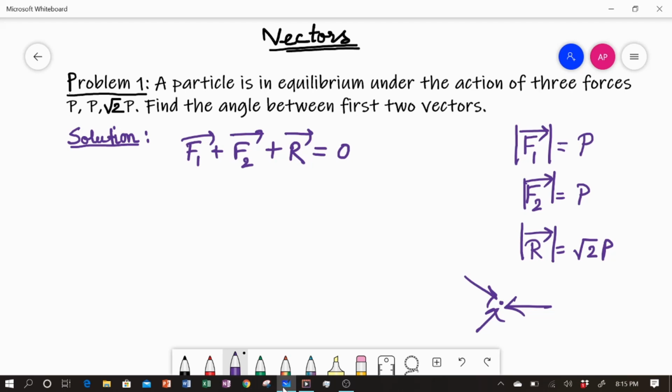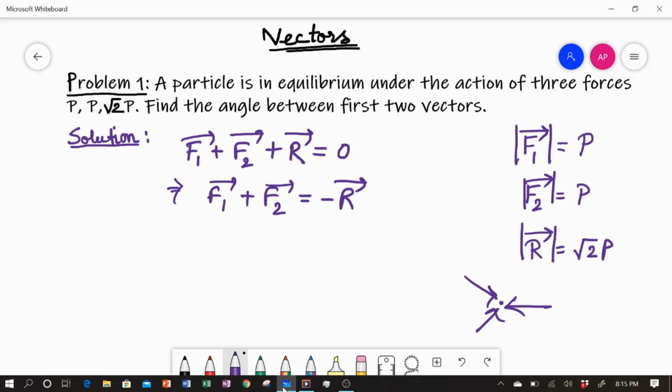Now from this we get F1 vector plus F2 vector equals minus R vector, right?